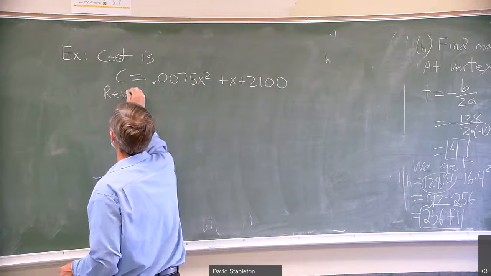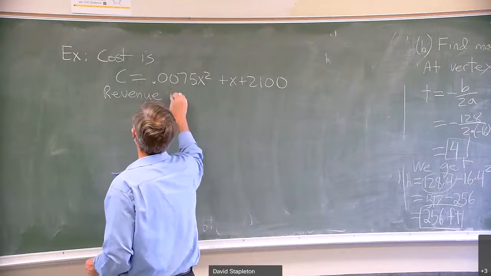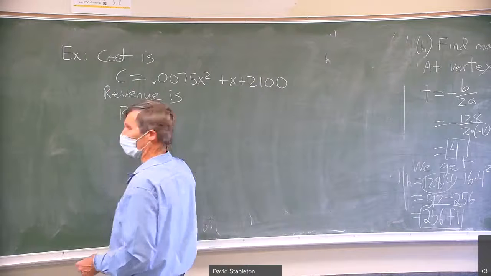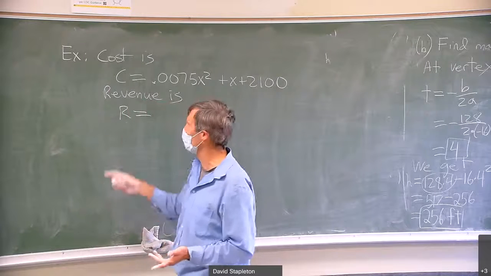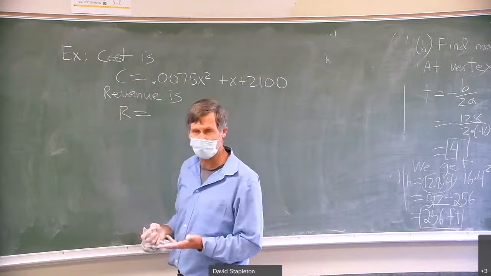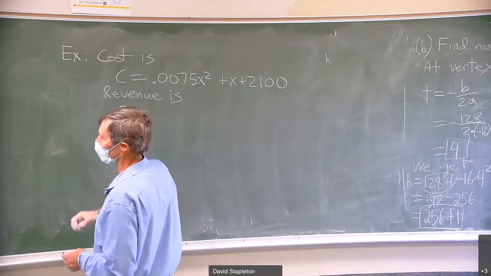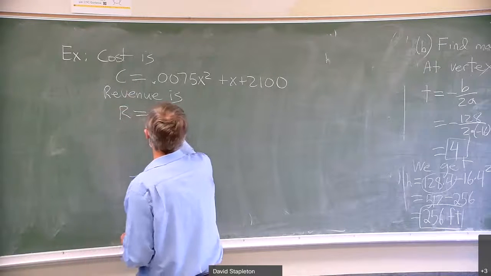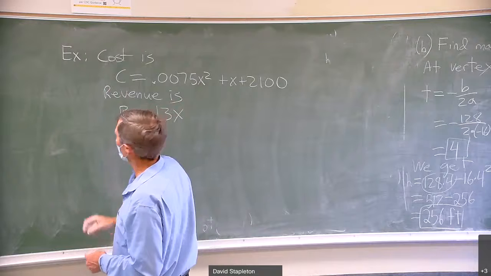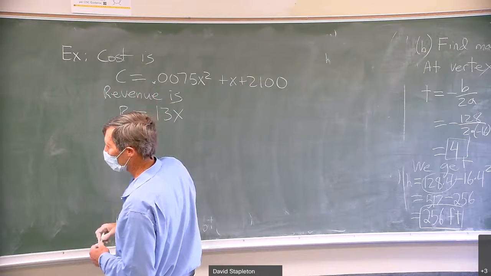Revenue, money in, is R. If you see your beginning business mathematics books, they use these same letters. We do business calculus here as one of the courses, and we'll use these R, C of X and R of X, these functions in there. Here's 13X dollars, and this is dollars also.